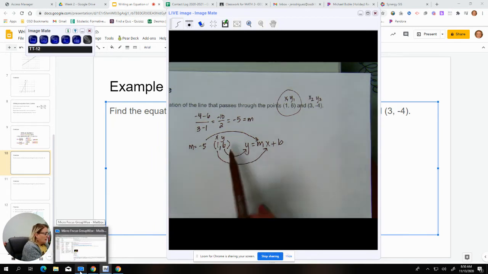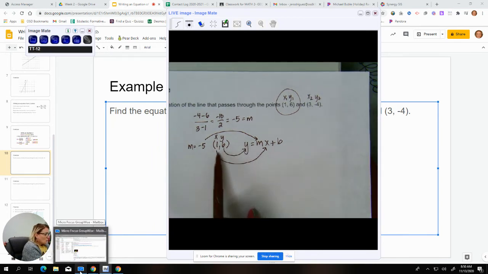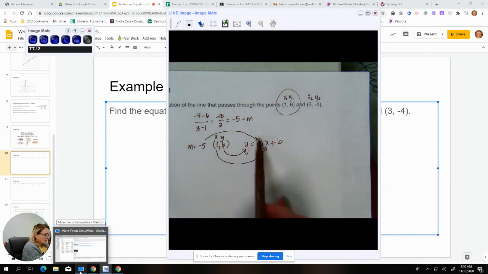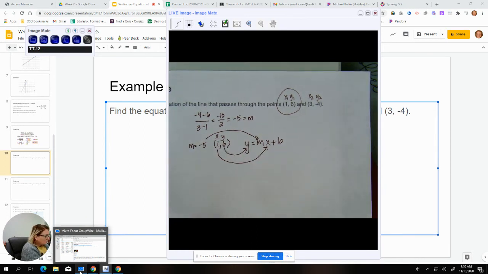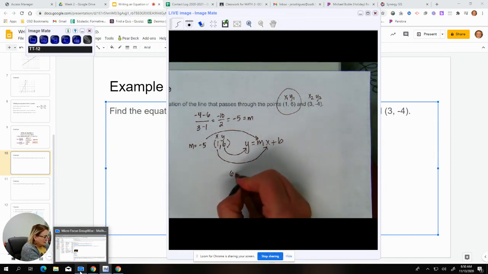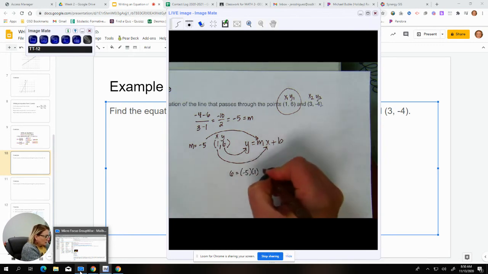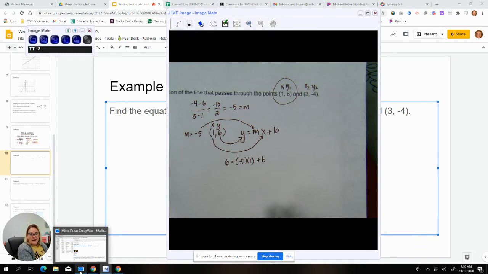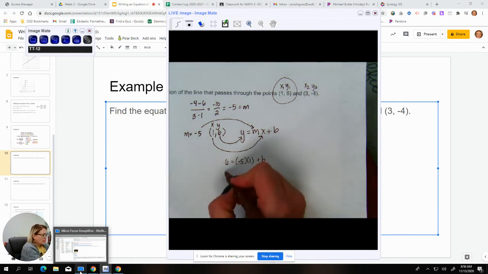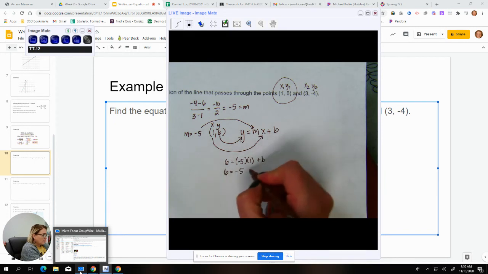Okay, so again, 6 goes where y is, 1 goes where x is, m is negative 5. So this should look like 6 equals negative 5 times 1 plus b. Now this is an equation we can solve for b. Negative 5 times 1 is negative 5.